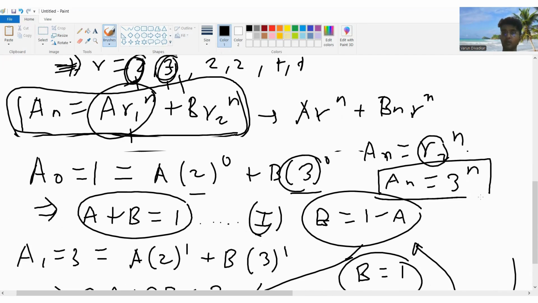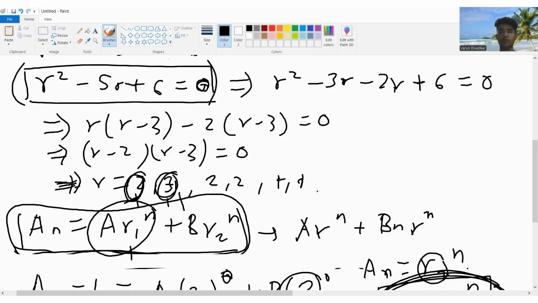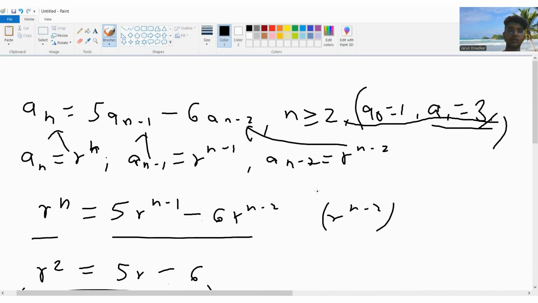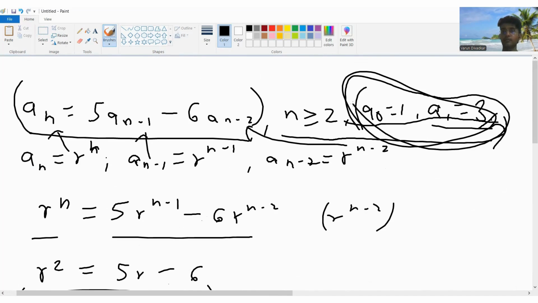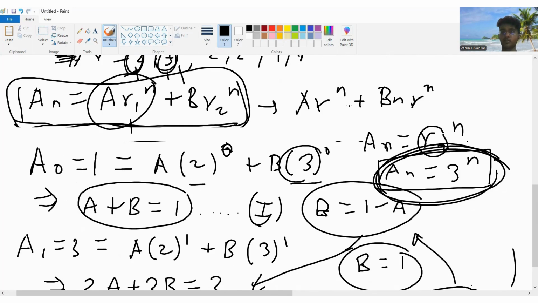That's the final closed form solution. It's become a bit complicated here, but maybe I'll try to write it one below the other in the next classes. So the closed form solution of this recurrence relation, subject to n greater than or equal to 2 and these base conditions, is nothing else but a n equals 3 raised to n.